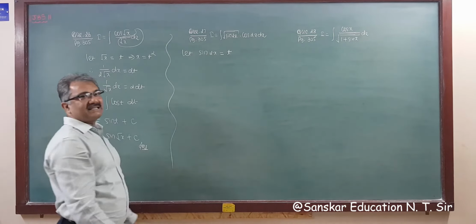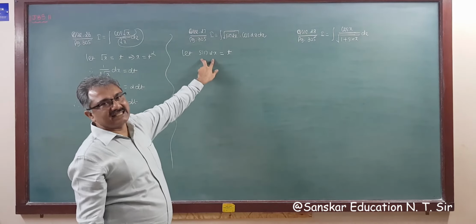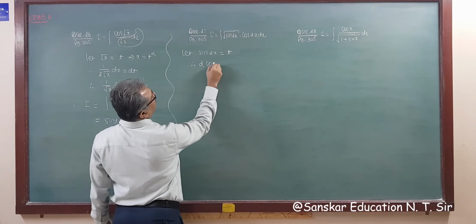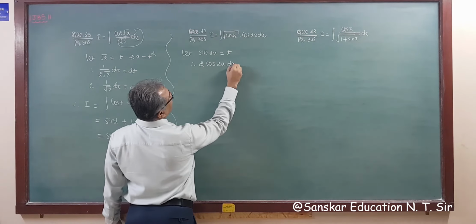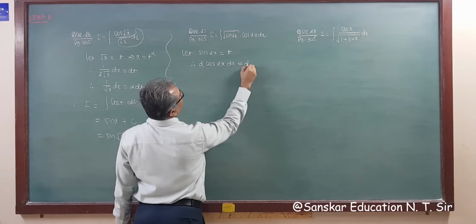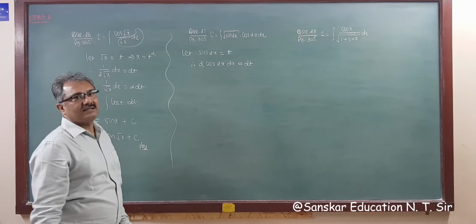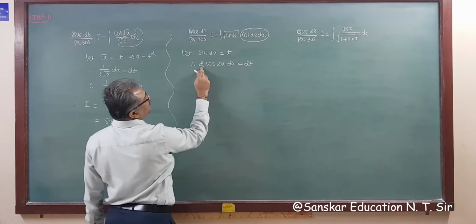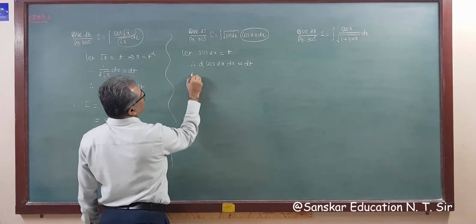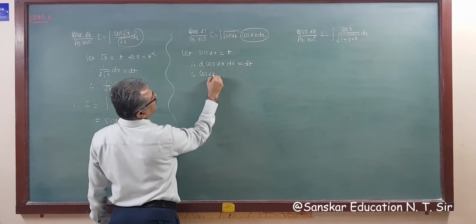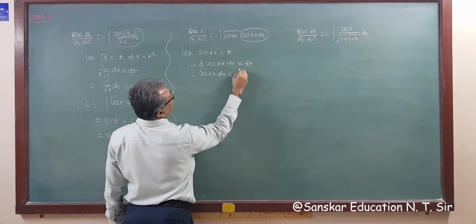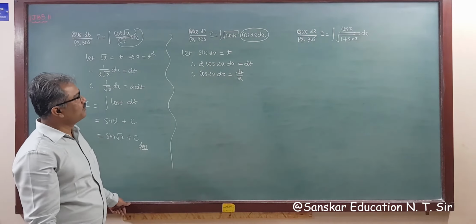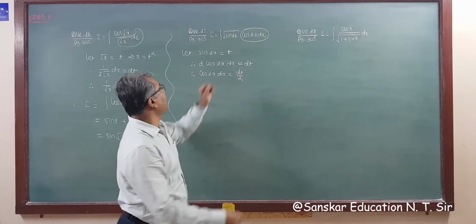So the derivative of sin twice x is cos twice x into 2. So 2 times cos twice x dx is equal to dt. So this is your answer. That means here we have only this cos twice x, so taking 2 to the opposite side, cos twice x dx is equal to dt by 2, right?